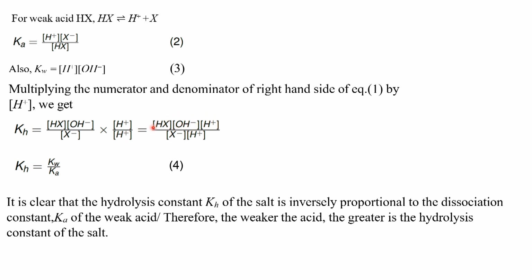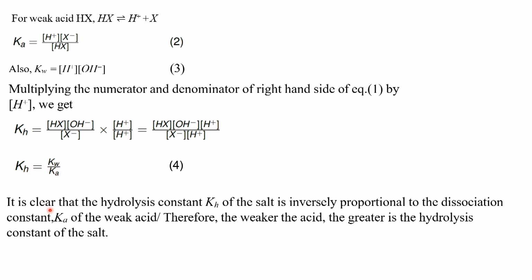Now concentration of H plus times concentration of OH minus gives Kw, and the remaining quantity, concentration of H plus times X minus divided by HX, gives Ka. So Kh we get as Kw by Ka.